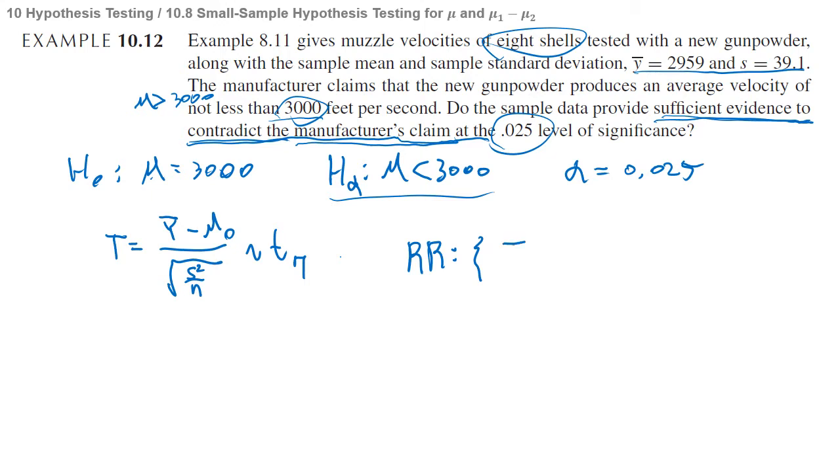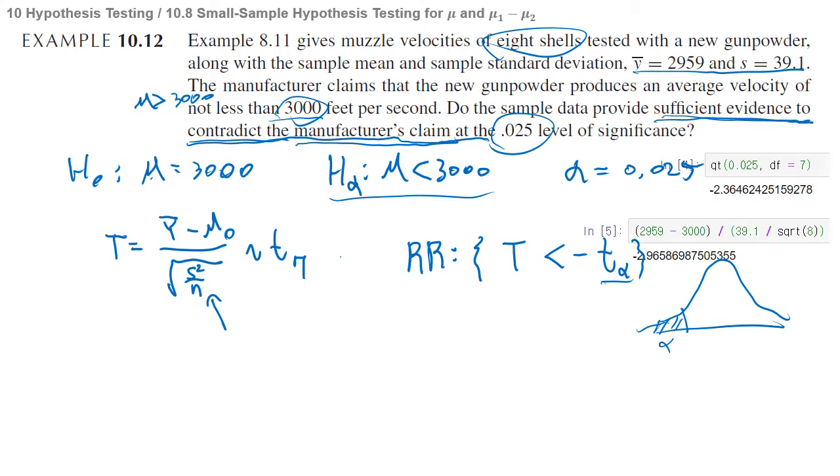So the rejection region should be t is less than or equal to minus t alpha, where this is the t distribution, and this is alpha of the t distribution. Step 4 is to calculate t and t alpha: you plug in all the numbers and calculate the value t, and also calculate the minus t alpha.